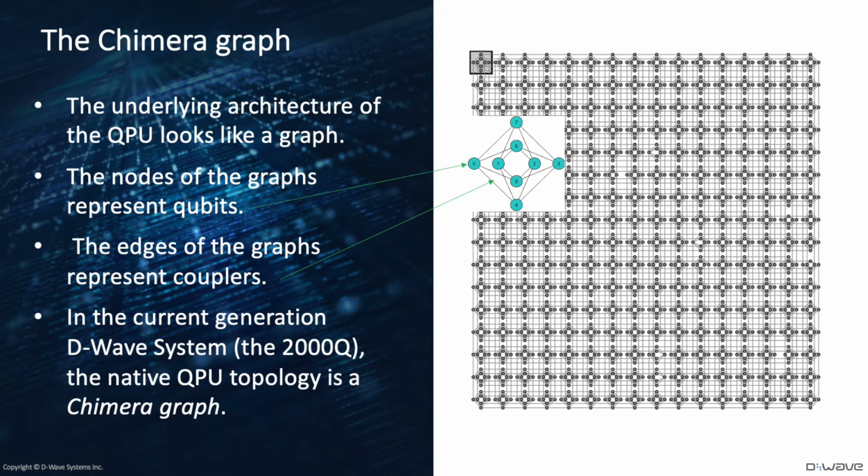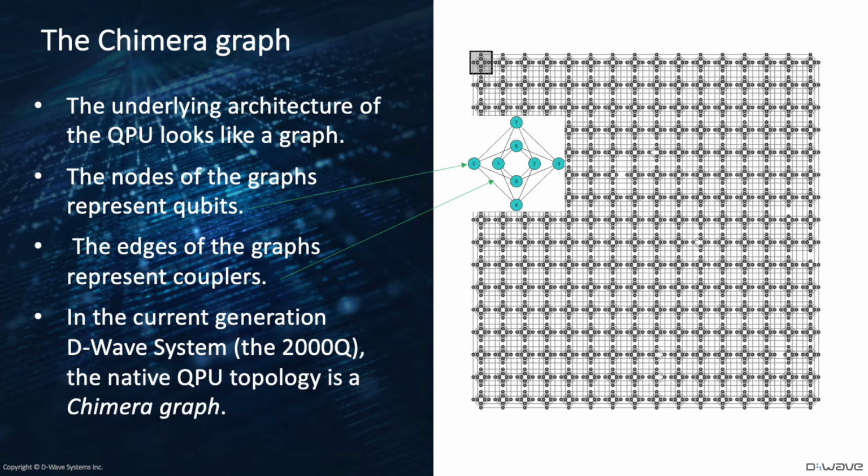And remember, in this case, we'll do a quick review here. The Chimera graph looks like this, where you have this unit cell with a row 0, 1, 2, 3, and the column 4, 5, 6, 7, and links like shown here. And in the 2000Q, the native QPU topology is a Chimera graph. In the case when we announce the Advantage system, it'll be a Pegasus graph, which looks a little bit different.